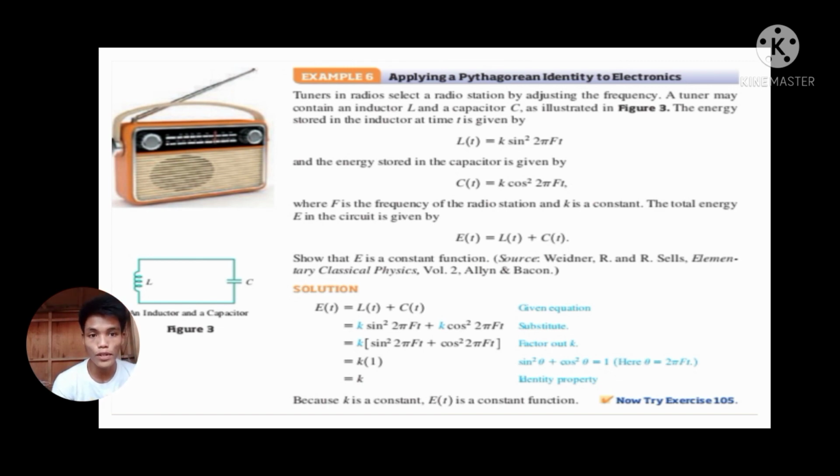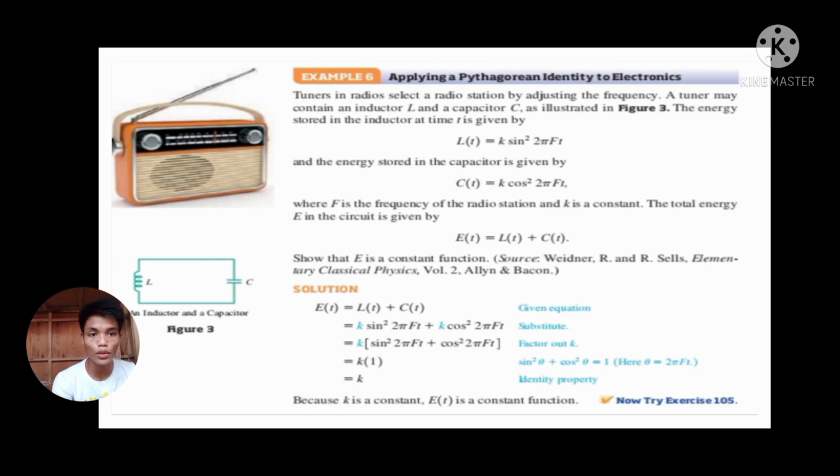So it equals K, the constant number, sine squared of 2 pi F multiplied by time, the substitute for L of t, plus the substitute value of C of t, which is K multiplied by cosine squared of 2 pi multiplied by frequency and multiplied by time.